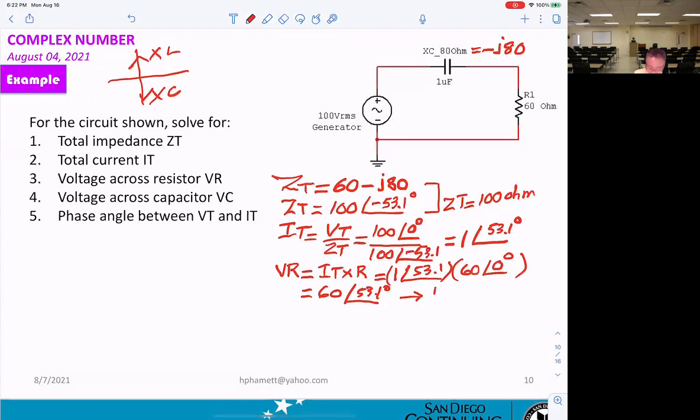Okay, VR equals 60 angle 53.1. Now you can see VR has an angle of 53.1, and IT also 53.1. So that's why IT and VR will be in the same phase.